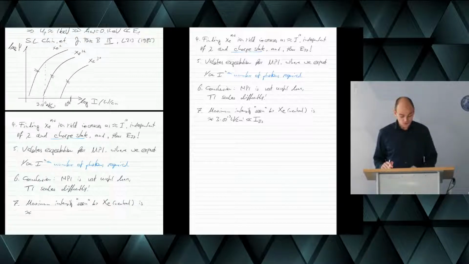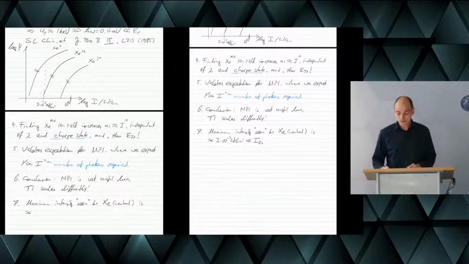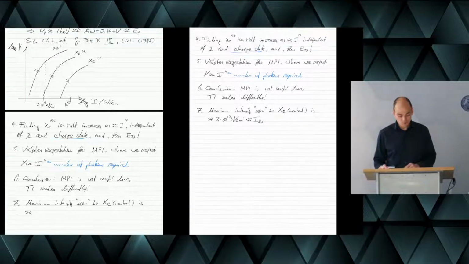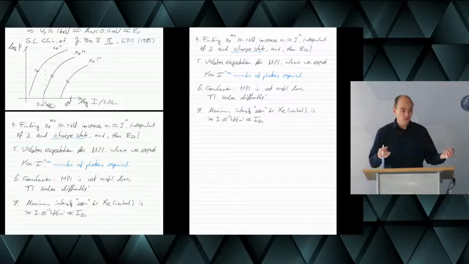And so we shouldn't calculate gamma for the peak intensity, but rather for the intensity where the atoms are ionized.